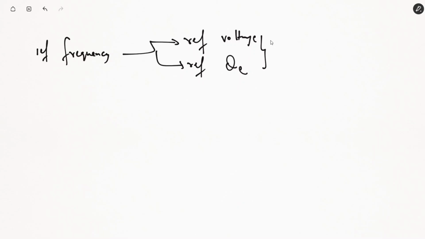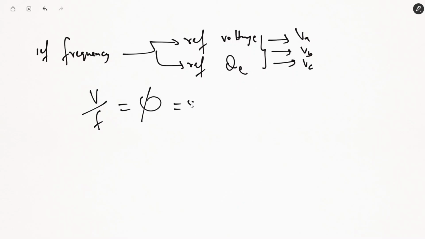We have a reference value of frequency from which we derive a reference voltage value and a reference theta E, the reference position of phase values, from which we can obtain VA, VB, and VC, while making sure that V by F, which is actually the flux in the system, remains constant. So flux is constant in both the cases.